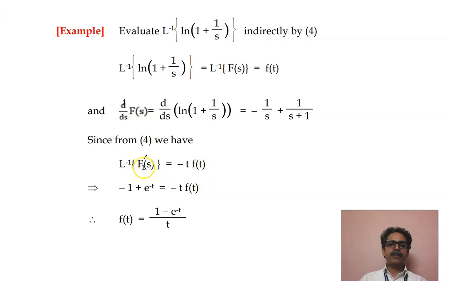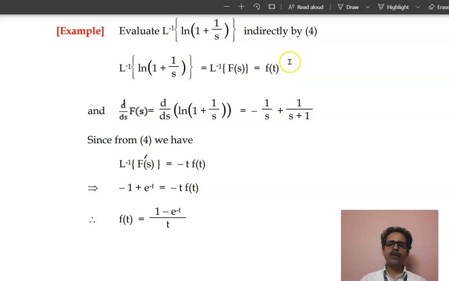And already we have seen f dash of s is minus 1 upon s plus 1 upon s plus 1. So its inverse Laplace transform is minus 1 plus e raised to minus t, and the right hand side as it is, minus t f t, from which f of t can be obtained, and we are searching for f of t only. So this f of t represents the inverse Laplace transform of this function.